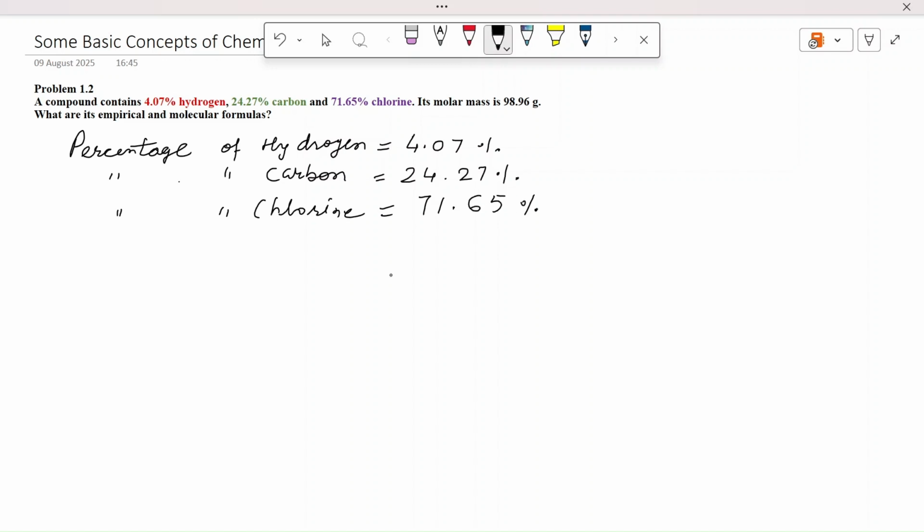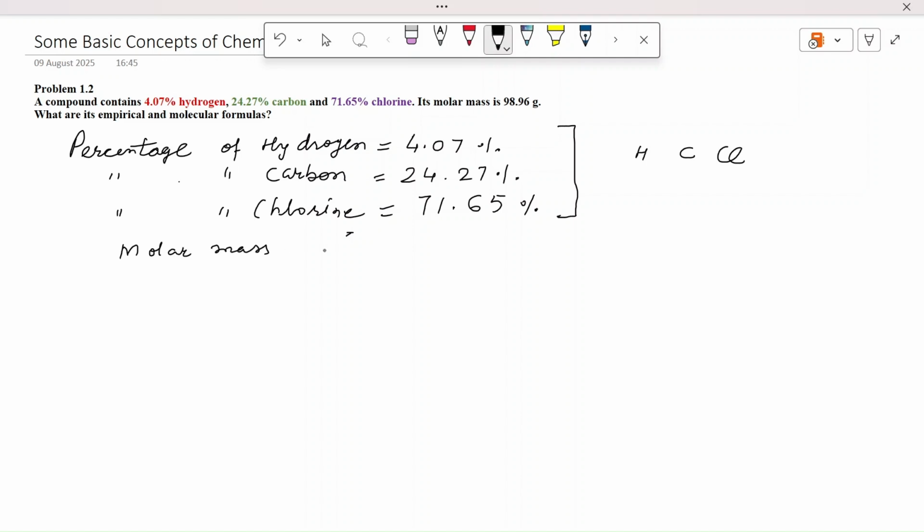This particular compound may be an organic compound because carbon and hydrogen are present here along with chlorine. So this compound has three elements: hydrogen, carbon and chlorine.